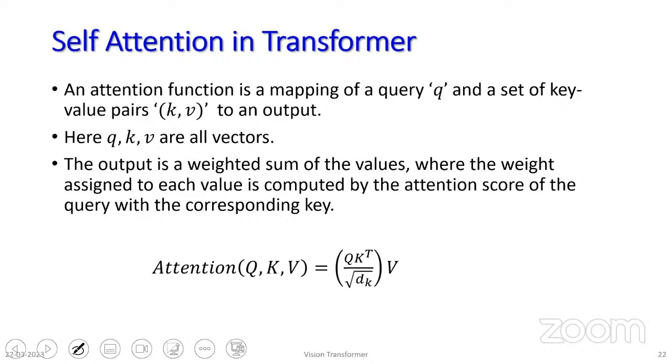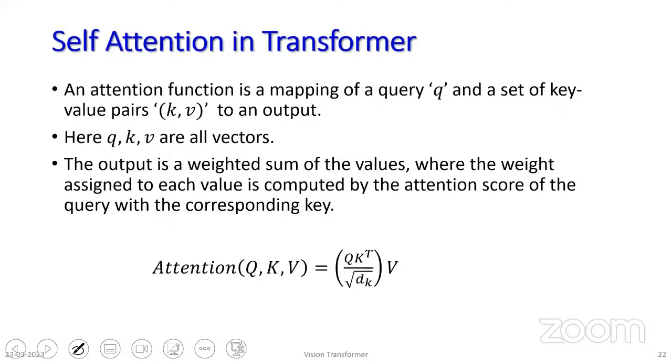What is Q? The current hidden state that is coming from the previous decoder unit. K is all the possible keys present in the encoder unit. Value is the value that we associate to this, right?